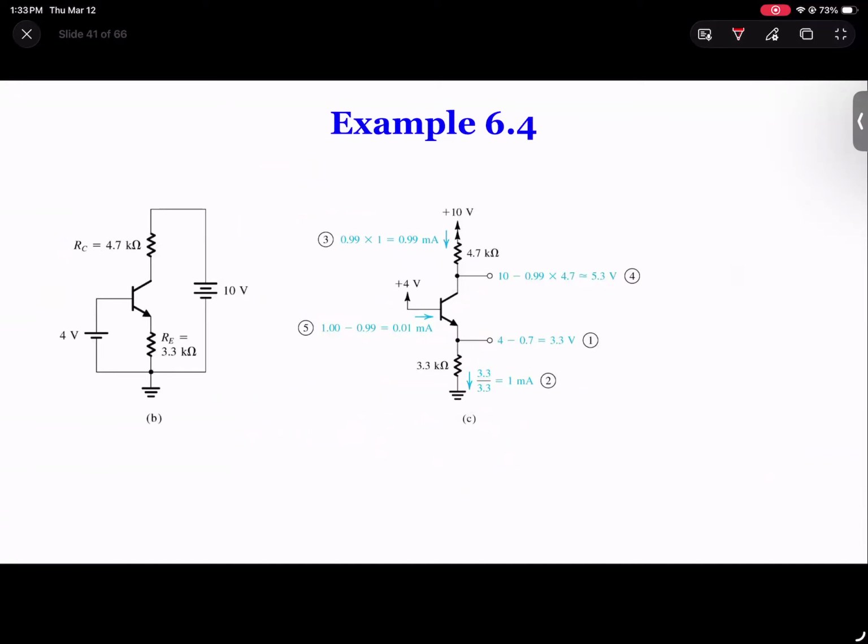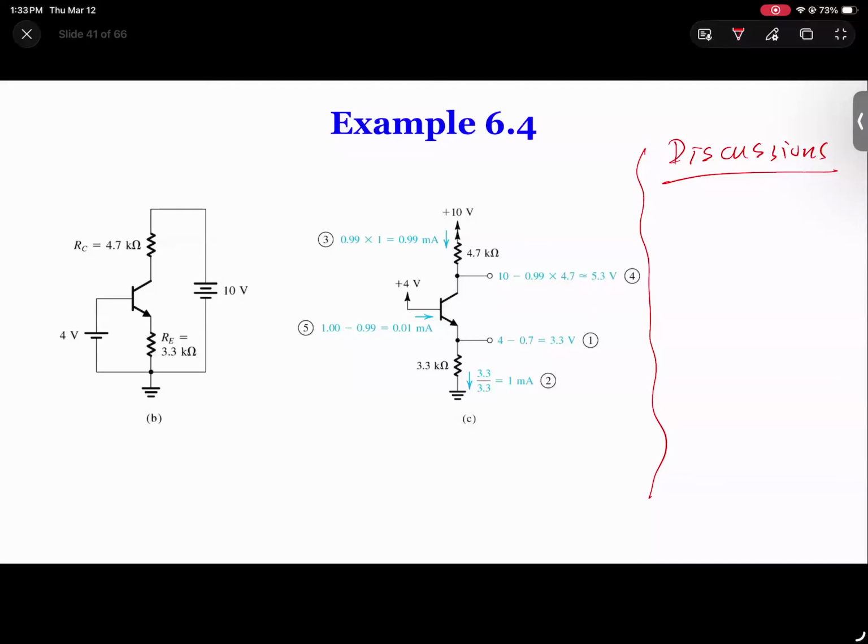Now, before we go to the next example, I want to have a few more discussions here. Apparently, we're done here. It is in active mode. But let's say I want to adjust the 4 parameters we can actually change: voltage here, resistance here, voltage here, and resistance there.